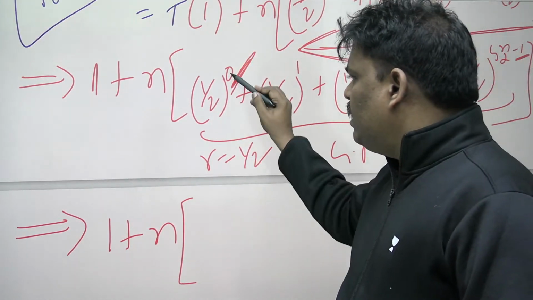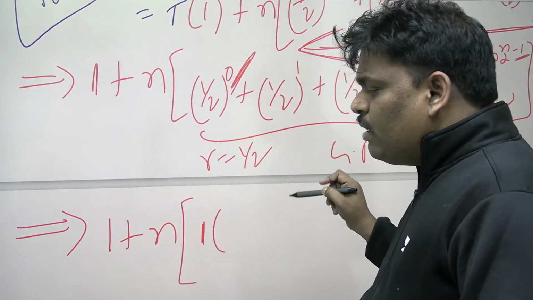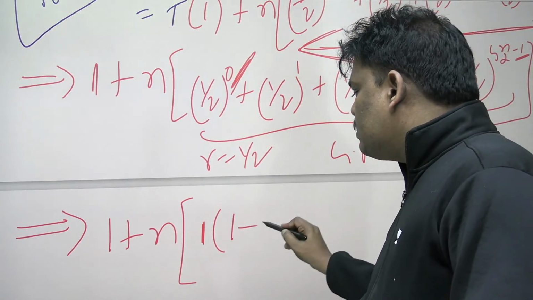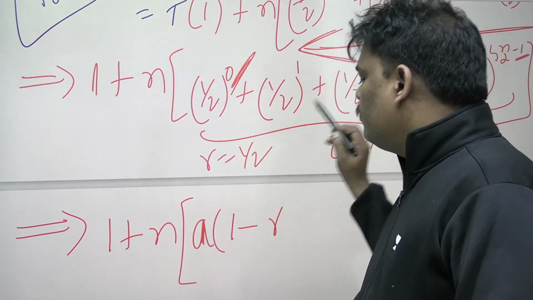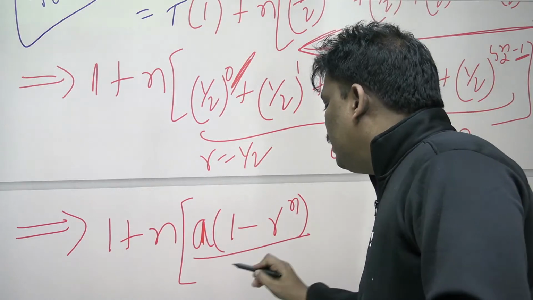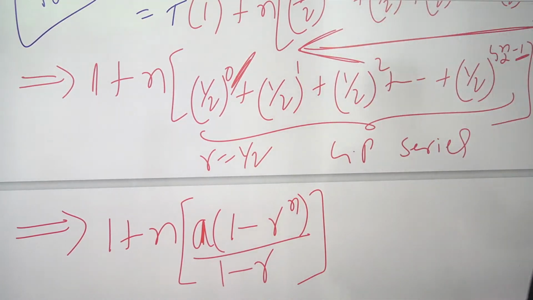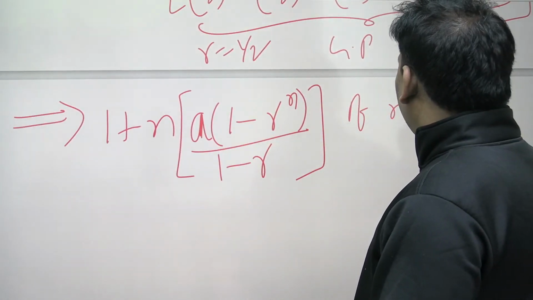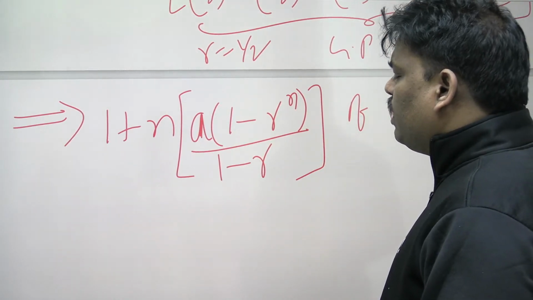A into 1 minus R power n by 1 minus R. If R is less than 1, this is the formula: A into 1 minus R power n by 1 minus R.